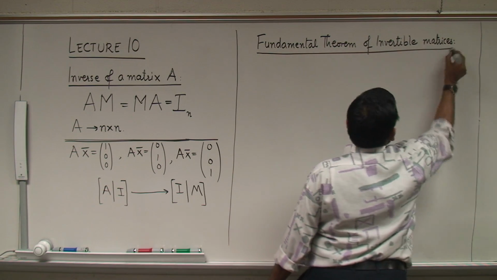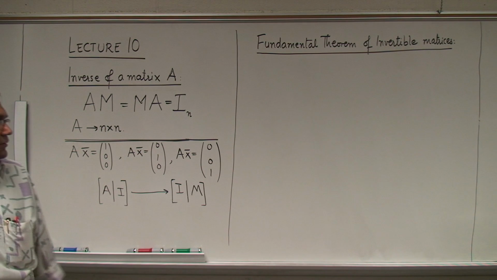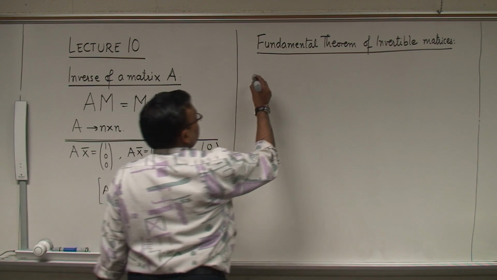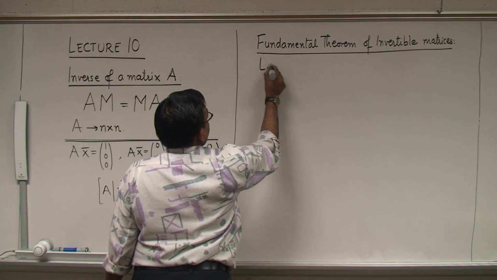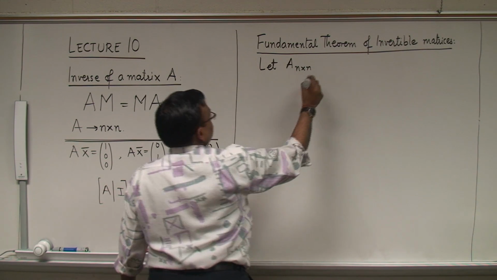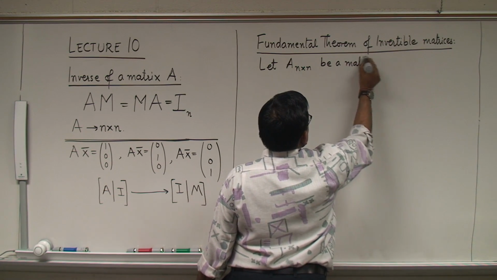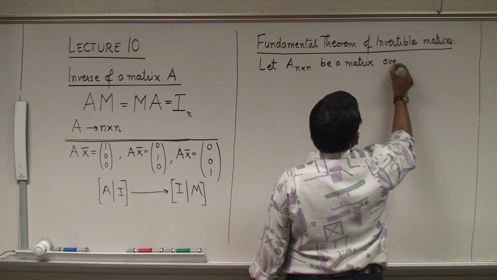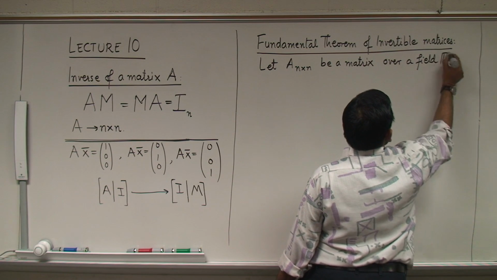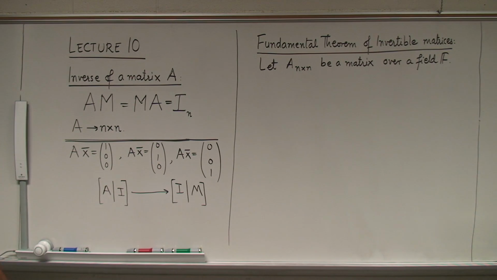Now, the reason this is called a fundamental theorem is that it gives you various equivalent ways to understand when a matrix is invertible. So, suppose we are given an n by n matrix over some field F. Usually it will be real numbers or complex numbers in our case.